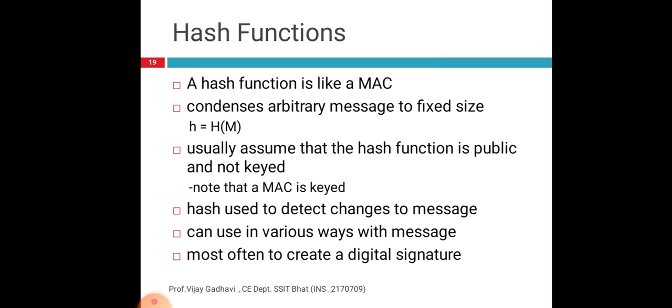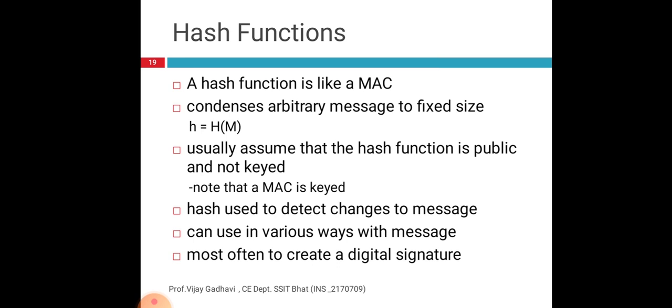The second property is second pre-image resistance. It means given an input and its hash, it should be hard to find a different input with the same hash. This property protects against an attacker who has an input value and its hash and wants to substitute a different value as the legitimate value in place of the original input.